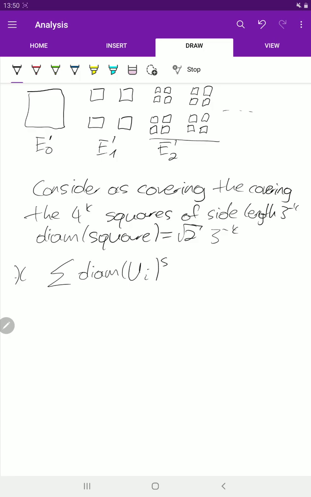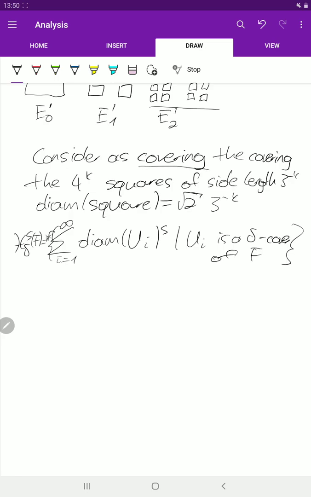We had this H^s_delta of, let's say, some general set F. Then we had the infimum over such sums where U_i was a delta cover of F. And as it's the infimum, we just take such a delta covering, and we take as delta covering the squares.